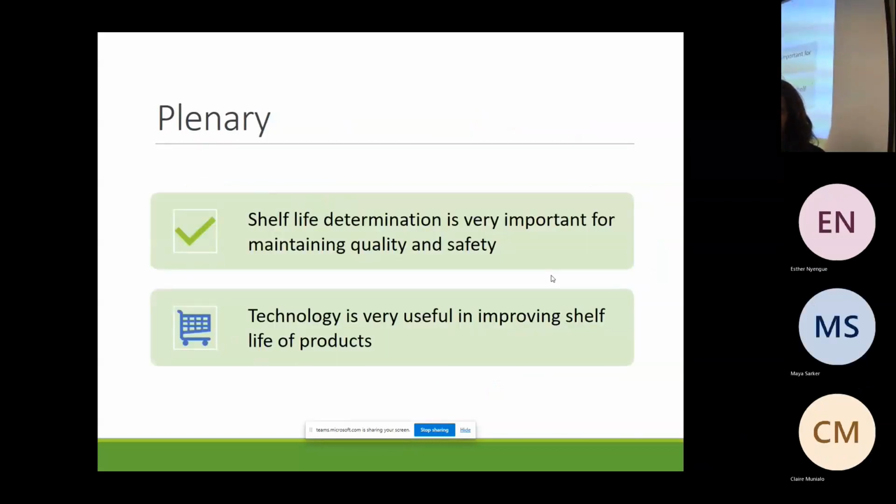So if you look at this one here, it is more of how do we determine shelf life, which is very important for maintaining quality and safety, and also what technology is out there that can be used to improve shelf life of products.